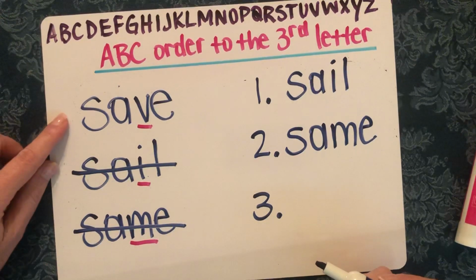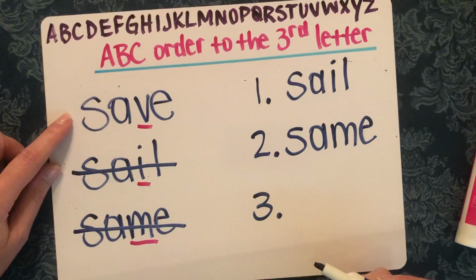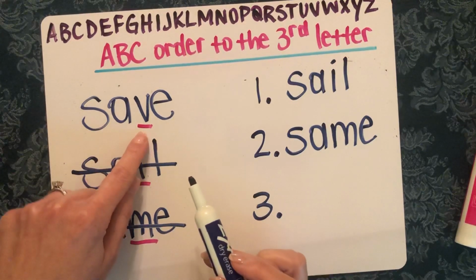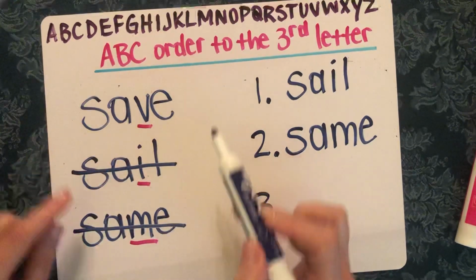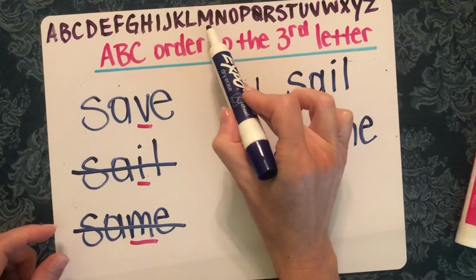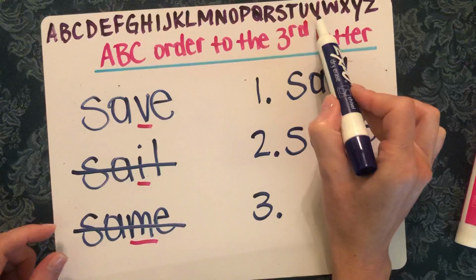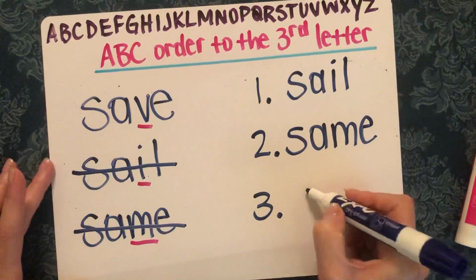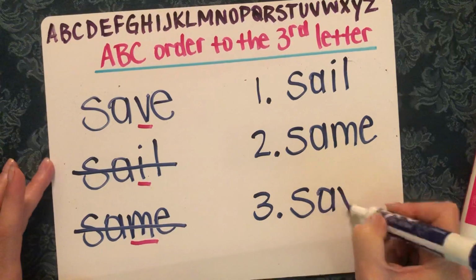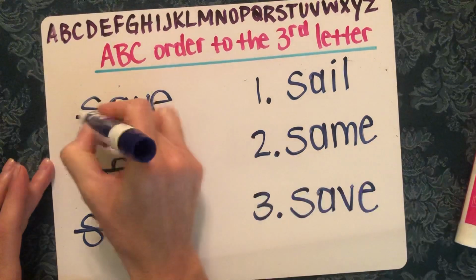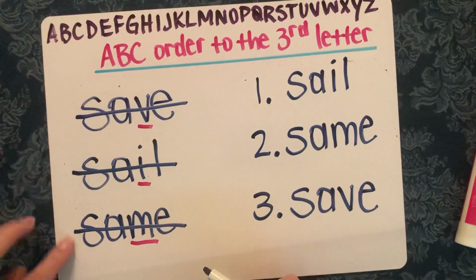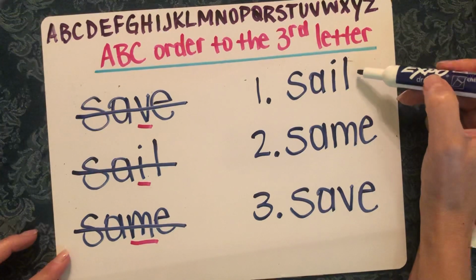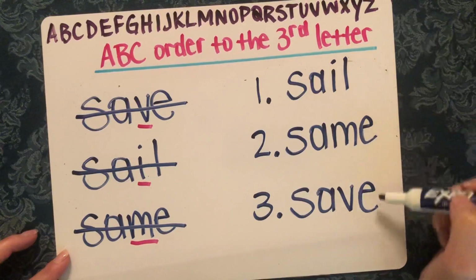And then, as a process of elimination, our last word for ABC order would be save. We know that just by looking at that third letter, V, after M. V is all the way down at the end of our alphabet line, and save would be our last word in ABC order. So I'm going to cross it out. So amongst these three words, when we put them in ABC order, they are sail, same, and save.